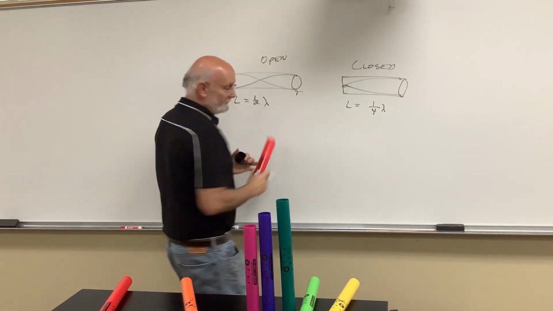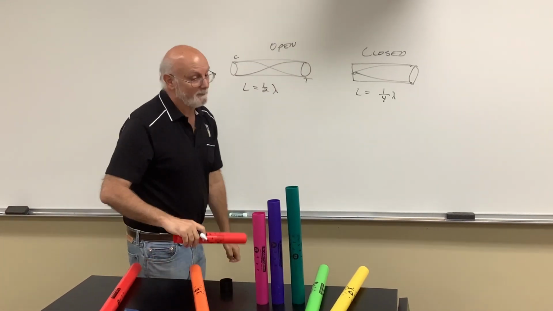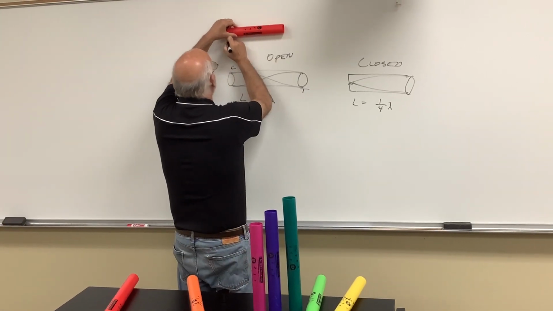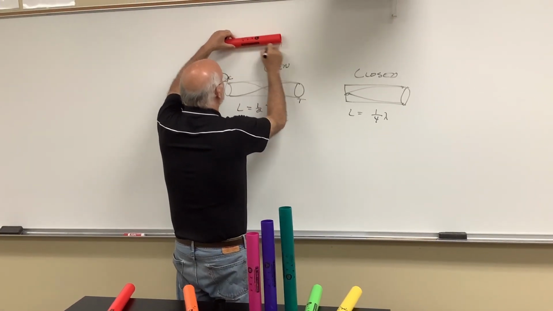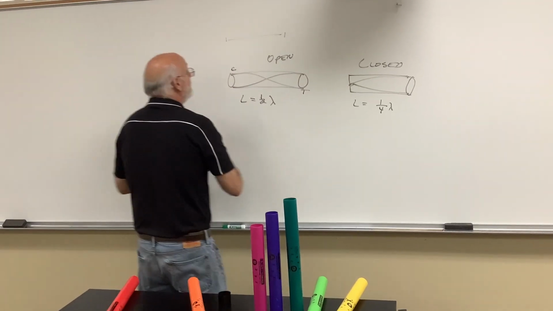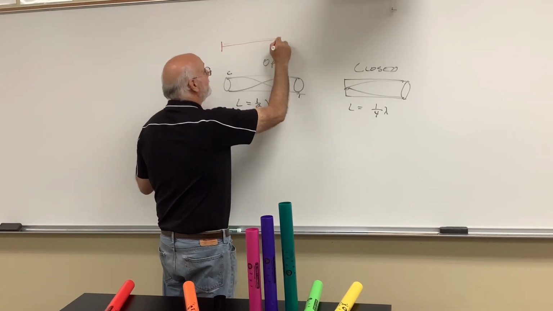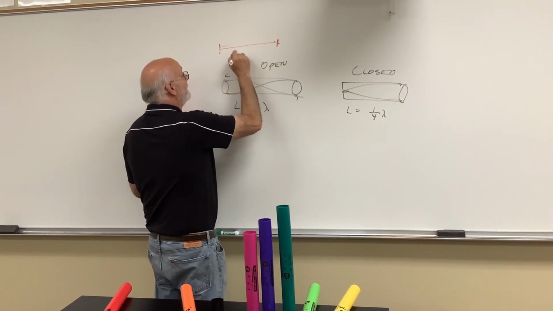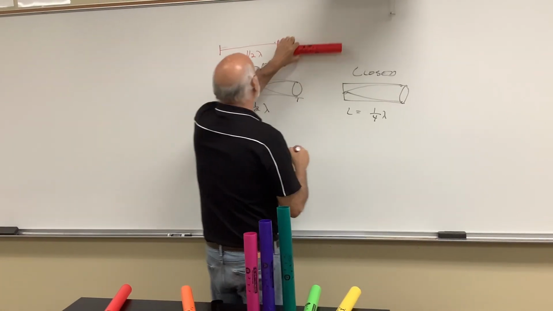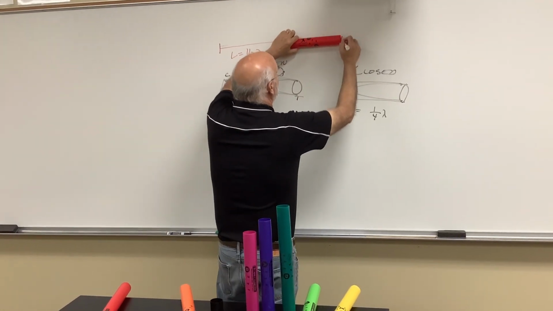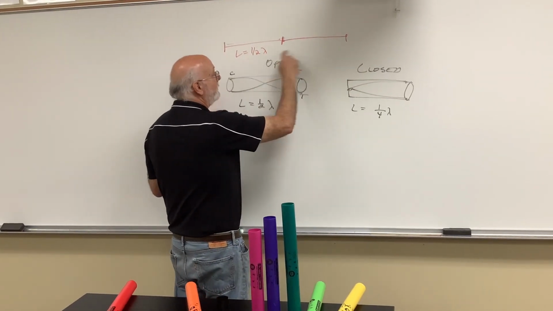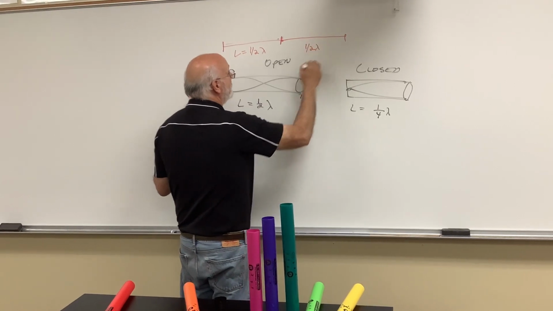Now, boom. Remember, the length is 1/2 of a wavelength. So if I want to get the full wavelength, I need two of these. Boom. Now I have a full wavelength, because I have 1/2 a wavelength here and 1/2 a wavelength there for the open.